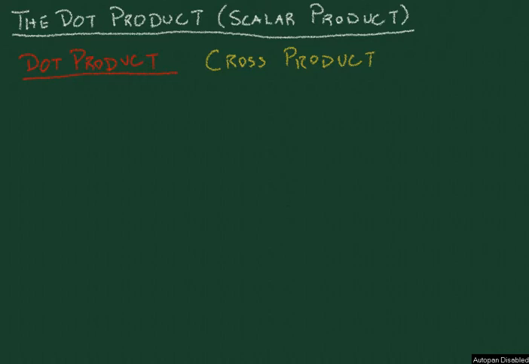So the definition of the dot product is, if we have two vectors, if we have vector A, that's just A1, A2, A3, all the way to An. And if we have a vector B, that's B1, B2, B3, all the way to Bn.